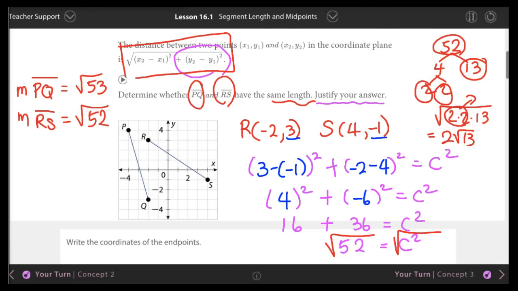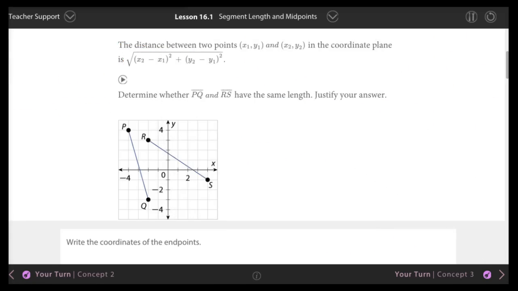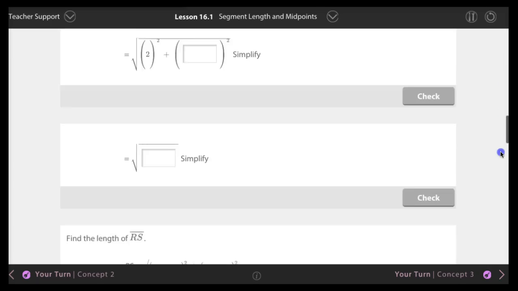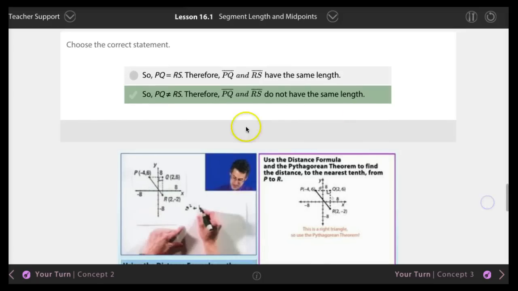All right, so let me just scroll down and check the answer. Okay, there you go. So PQ is not equal to RS. Okay, therefore, segment PQ and segment RS do not have the same length, and we already proved that, all right?